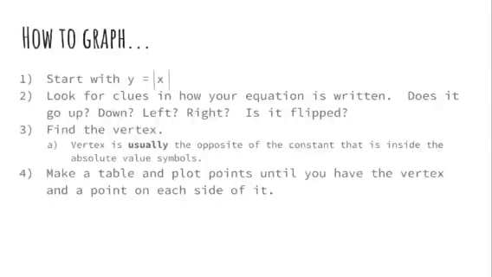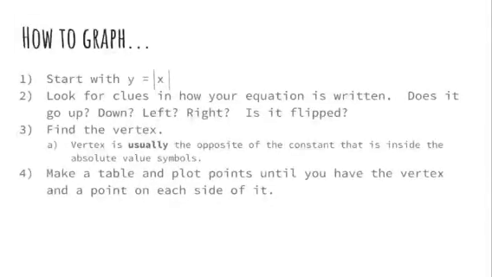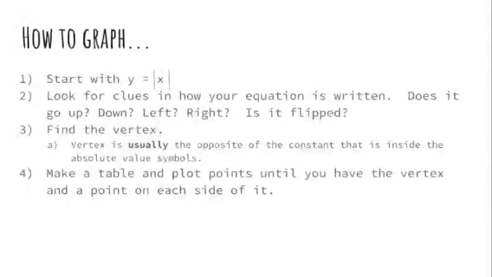Not always, but the vertex is usually the opposite of the constant that is inside the absolute value symbols, because that is the number that tells us left or right. Then you're going to make a table and plot points until you have the vertex and a point on each side of it. And once you have that, you're going to just go ahead and graph your absolute value.